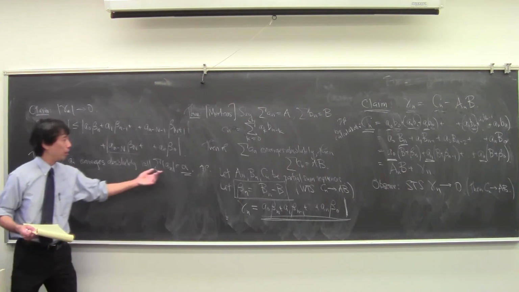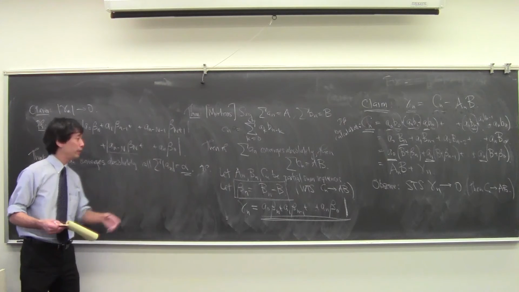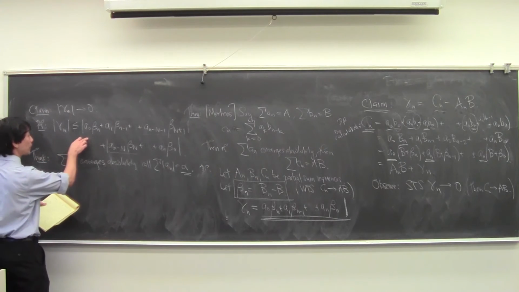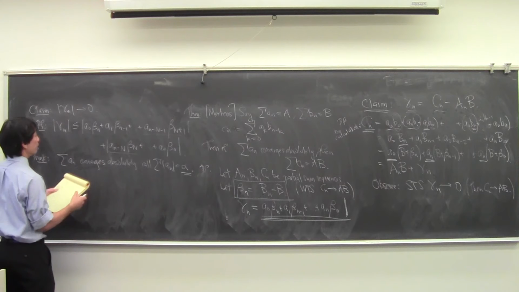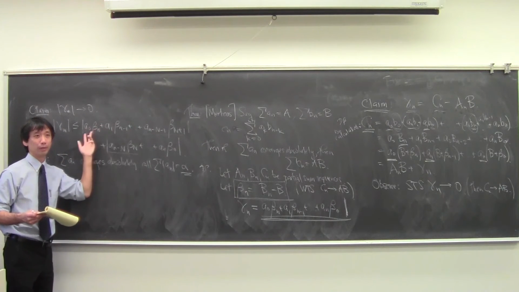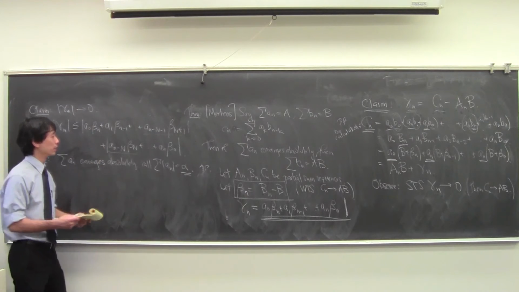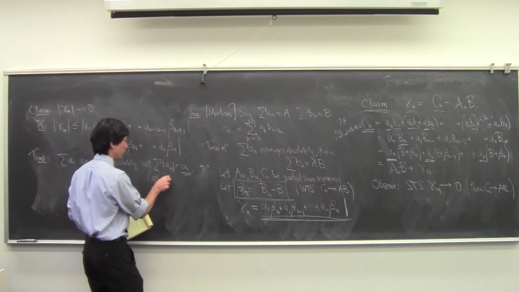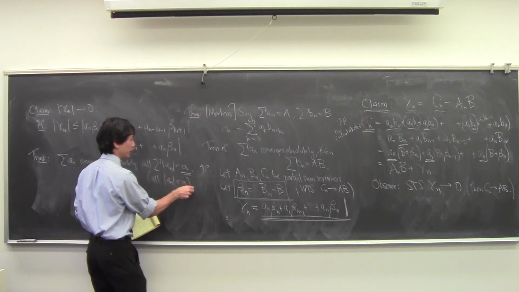You sum all the absolute values of these guys, call it alpha. So you know in particular that the size of each of these terms is smaller than alpha. All of these guys are smaller than alpha.